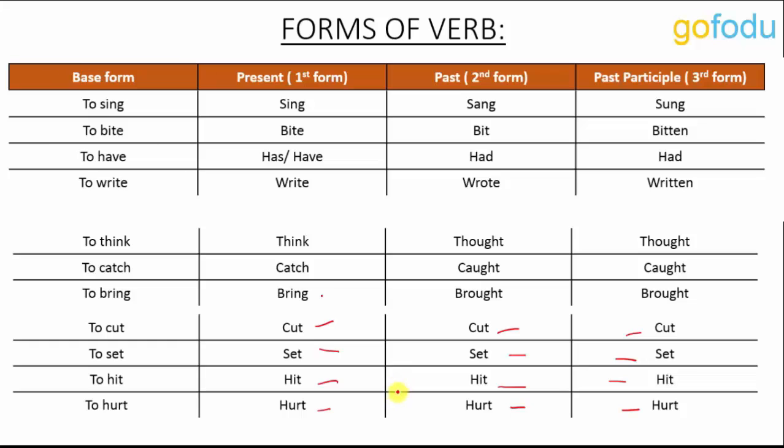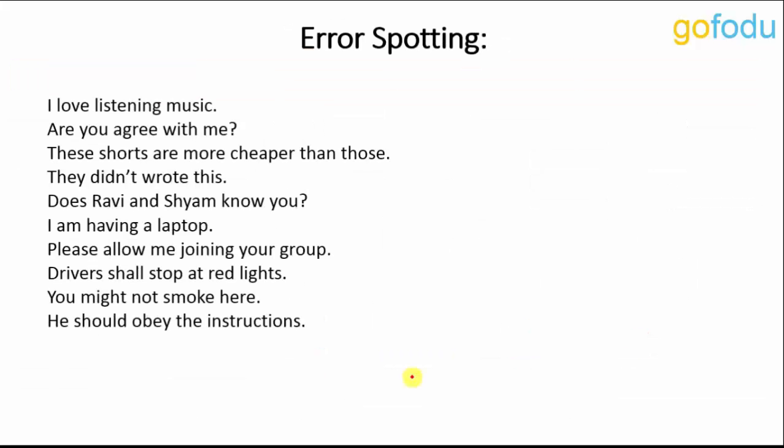There are a lot of verbs and all of them have first, second and third forms. Somewhere all three are different, somewhere the second and third are the same, somewhere all three are the same. Okay. Now let's check some examples and find out the errors in them. The first is: I love listening music.